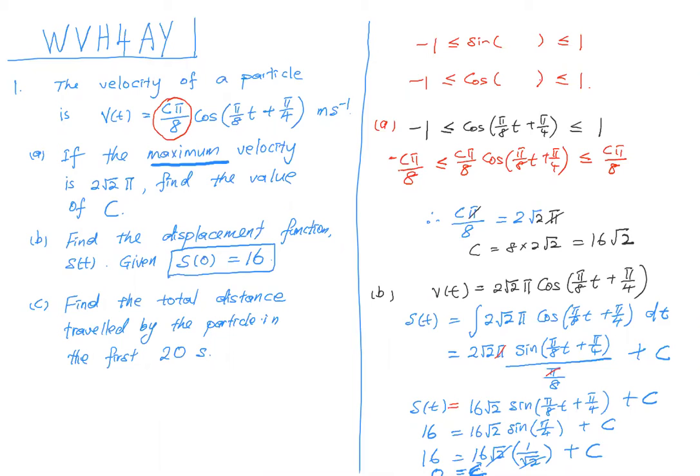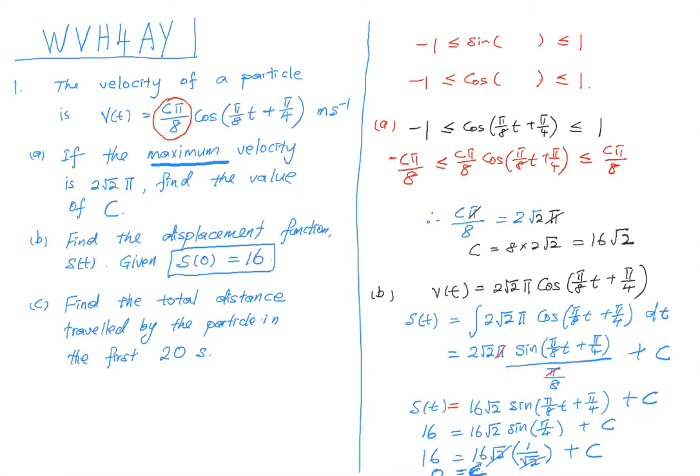So therefore, your equation of s(t) will be 16 root 2 sin(pi over 8 t plus pi over 4) in meters, okay? Can or not?